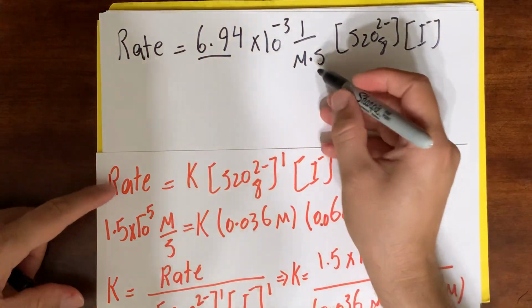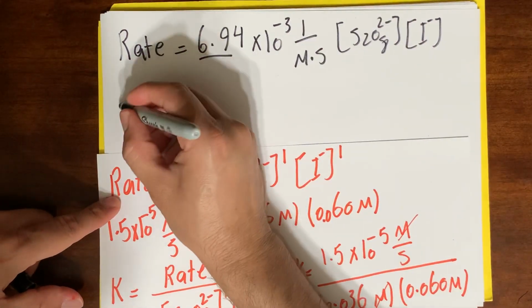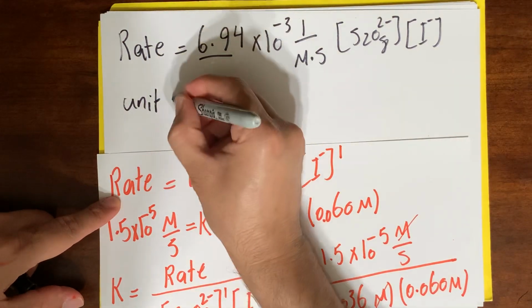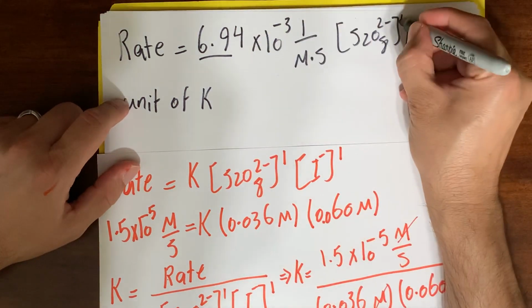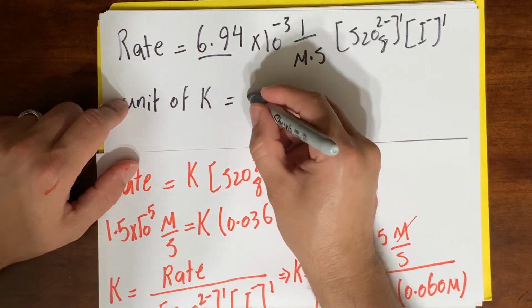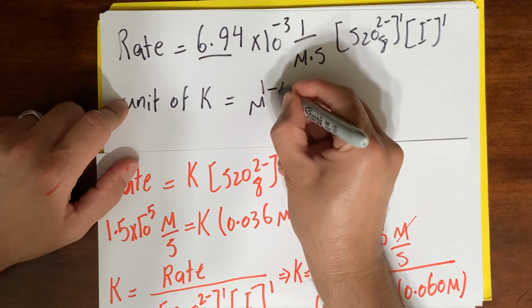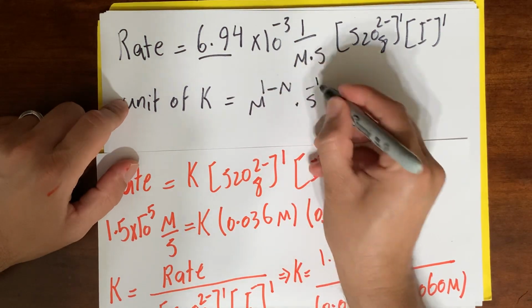Okay, and again, let's double check the unit for K. Unit of K, we said is the second order because we have 1 and 1 here, so it will be M to the 1 minus n multiply s minus 1.